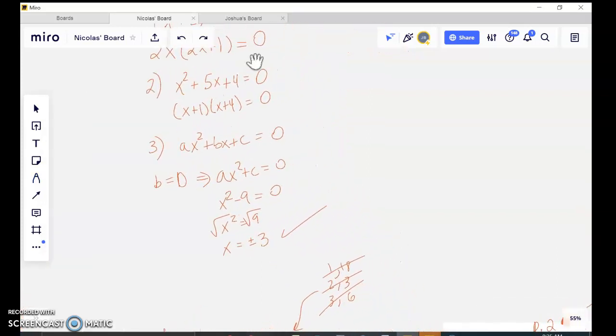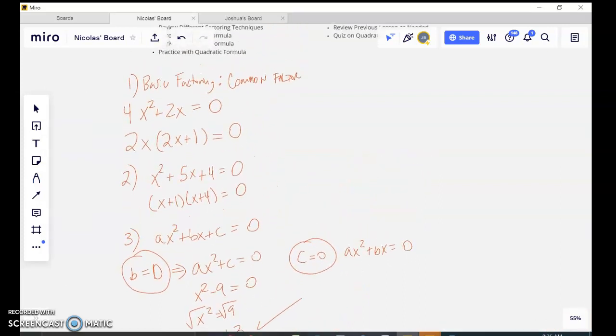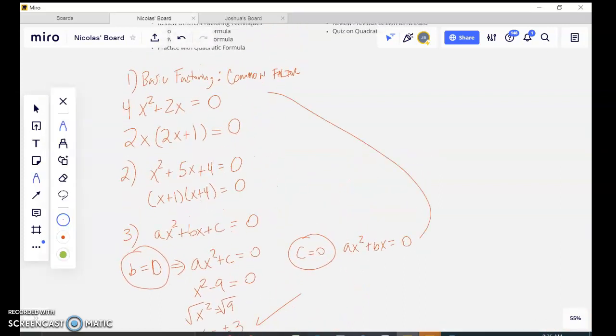The other situation is when c is equal to 0. So when c is 0, that's just ax squared plus bx equals 0. Does that sound familiar? It should. That's very similar to our basic factoring case where you just pull out the x, the common factor. There's nothing really too special about that.